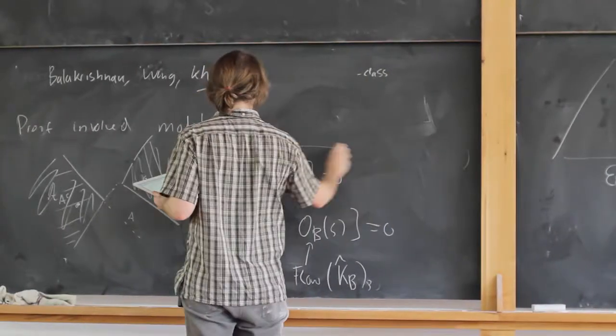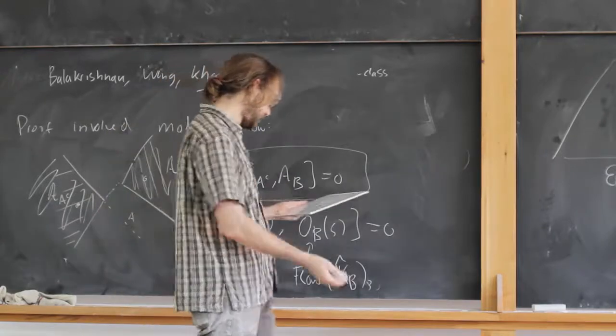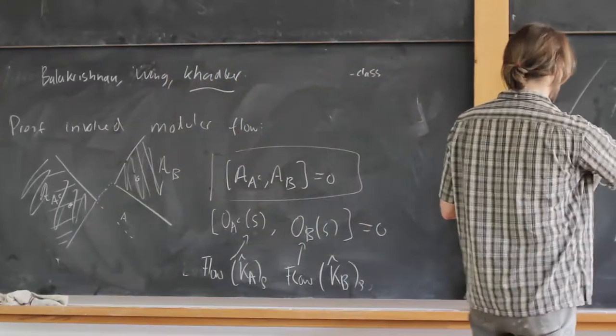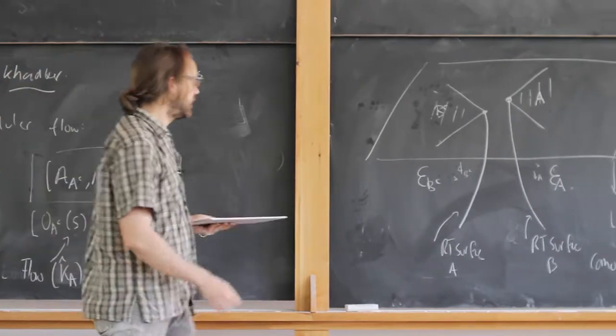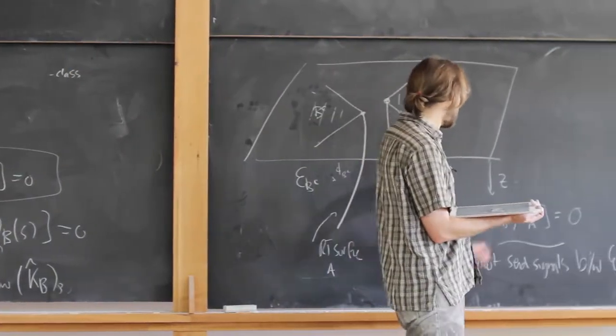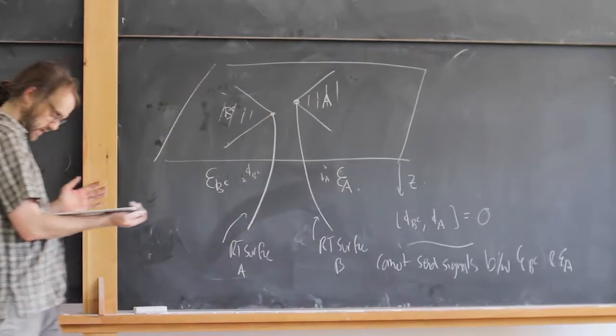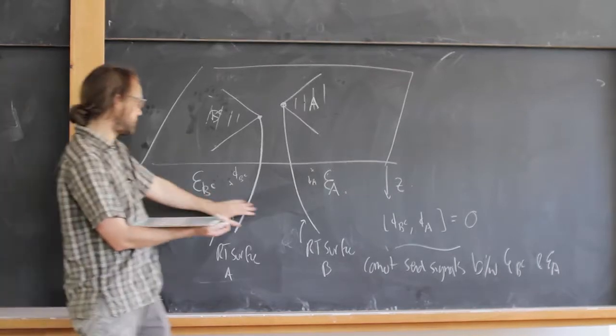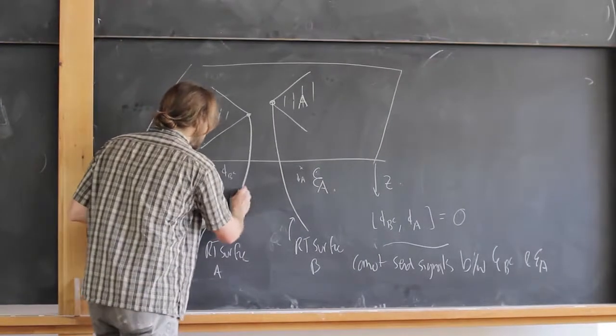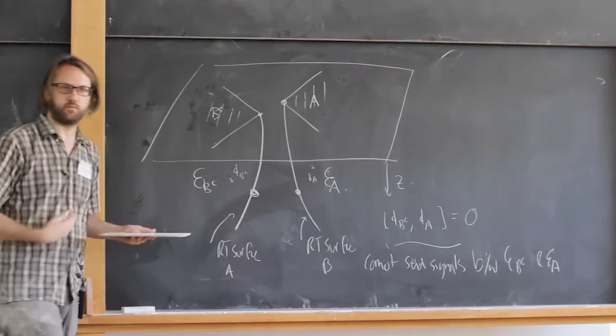We started off with regions on the boundary which are causally separated, and there has to be the same causal separation in the bulk. But how do we probe this causality? We can make operators right on the entangling surface by using modular flow.